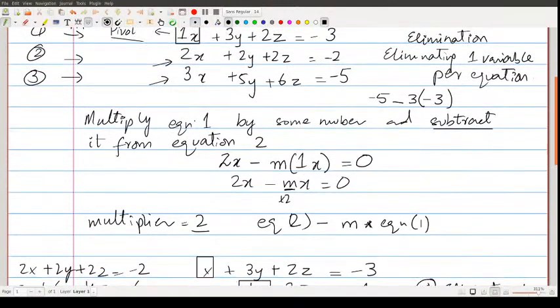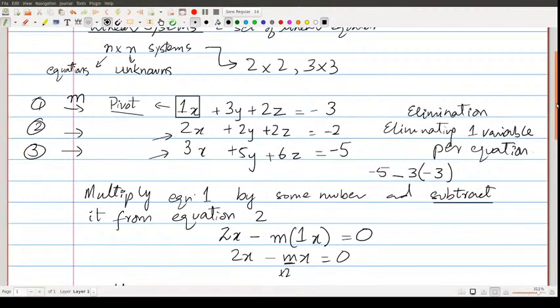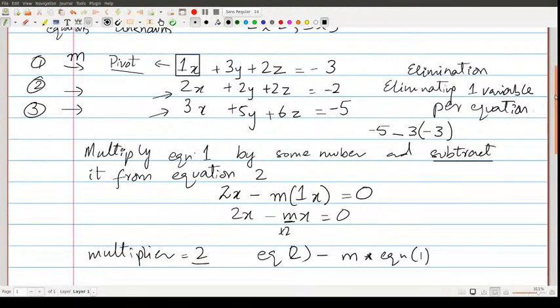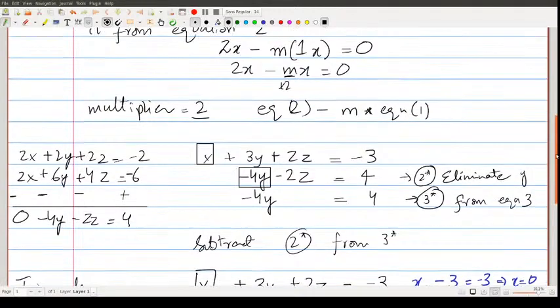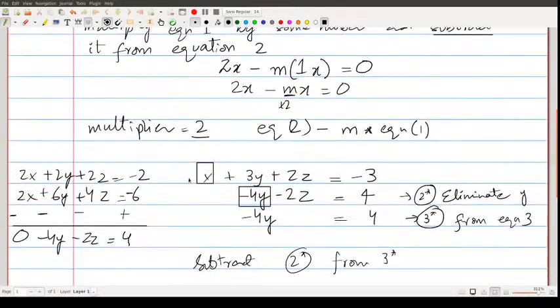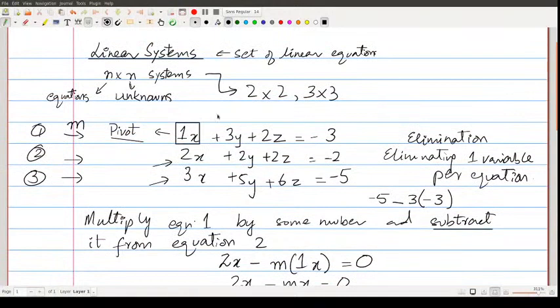The other thing to notice is I could have really simplified this entire process by ignoring x, y, and z, because nothing really happens to this x and this y and this z. They just hang around, and the only numbers that change are the coefficients and the right hand side. So I can showcase this entire method by saying, okay, this was my matrix, right?